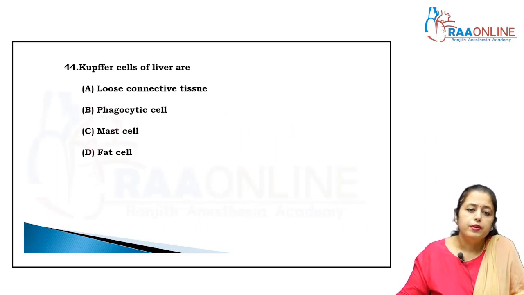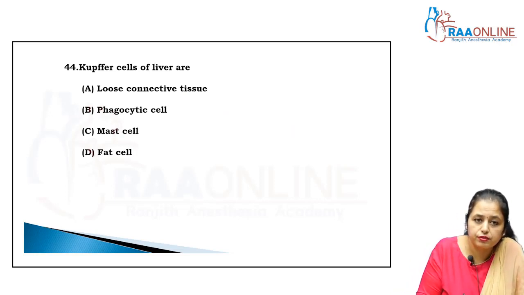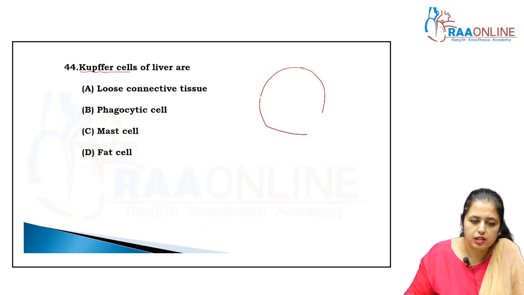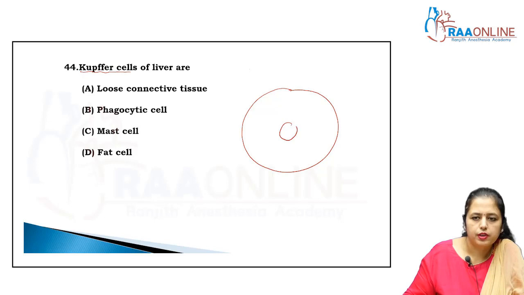Now come to the next question, that is the Kupffer cells. What are these Kupffer cells, right? In the transverse section of the liver, that is the central vein, hepatic cords are arranged like that.